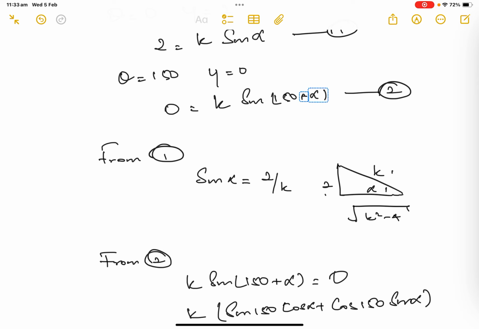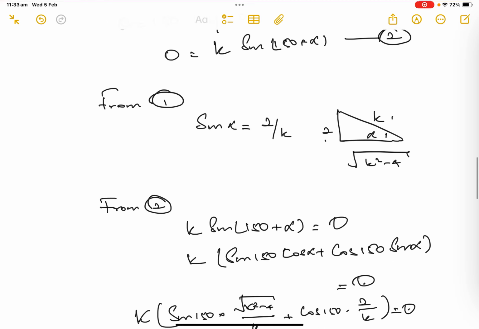Then the adjacent side we can find using Pythagoras. It's the square root of k squared, hypotenuse squared, minus the opposite side squared, which is 4. So the square root of k squared minus 4 is the adjacent side. Now we know the three sides, which will give us sine, cos, tan, or whatever we want.